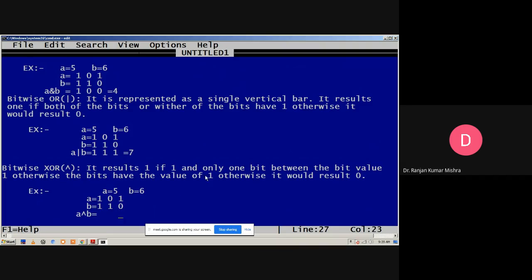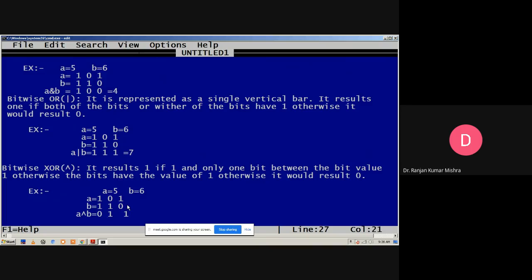Basically, it results 1 if one and only one bit has the value 1, so the output will be 1. First bit is 0, second bit is 1, that means either of the bits is 1, so the output will be 1. Here both of the bits are 1, that means the output becomes 0.